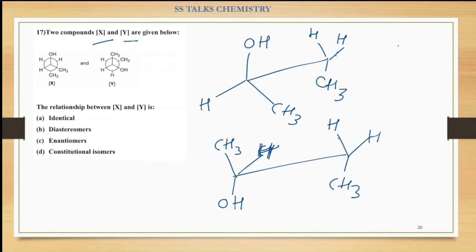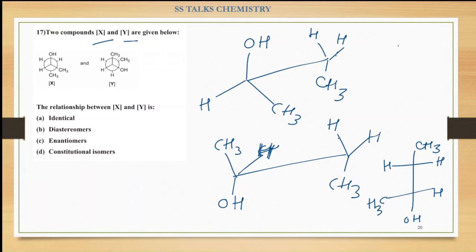Now I can convert it into the Fischer projection. That will look like this. For the first carbon atom, the OH group will come over here, the hydrogen atom on this side, the methyl group on this side, and the hydrogen and this methyl group here. So this is the X conformation that we are observing.